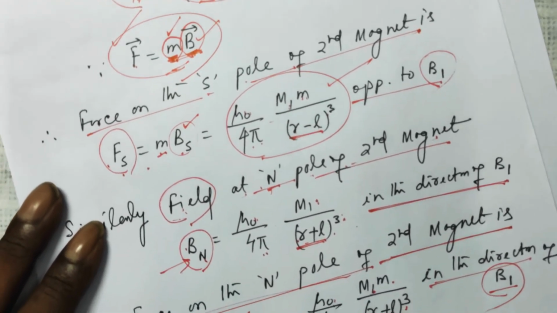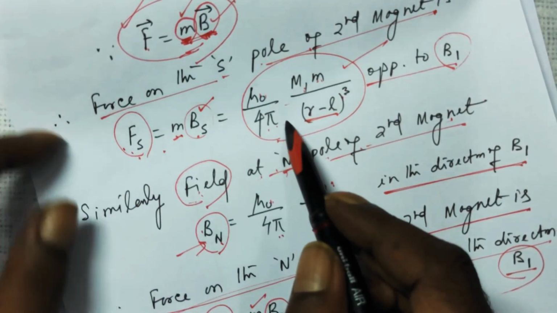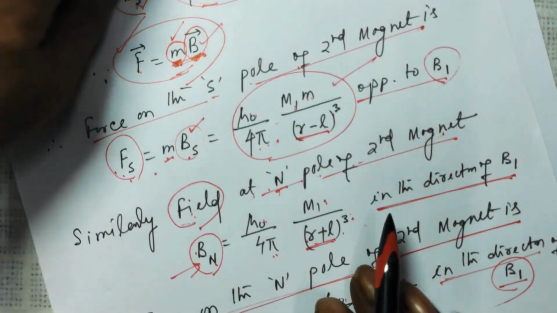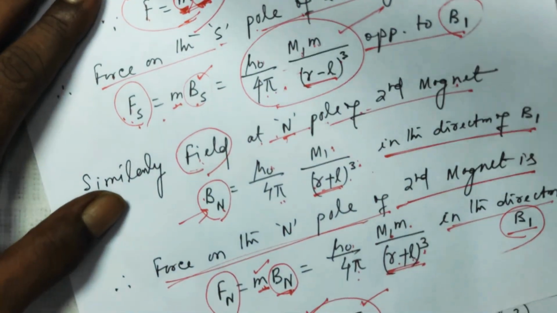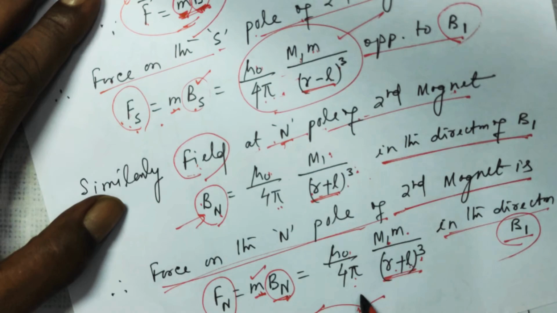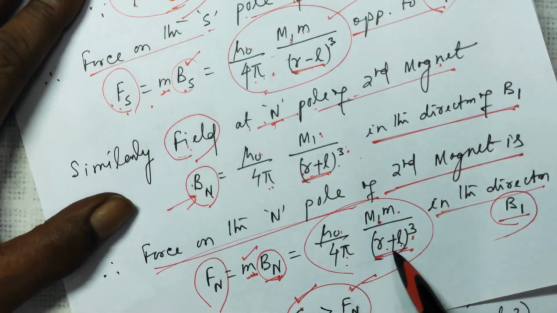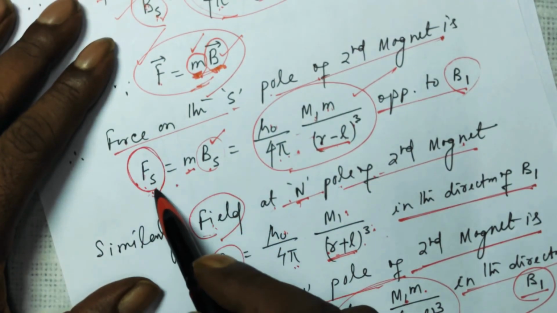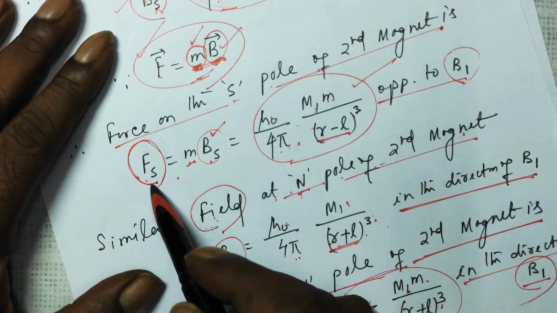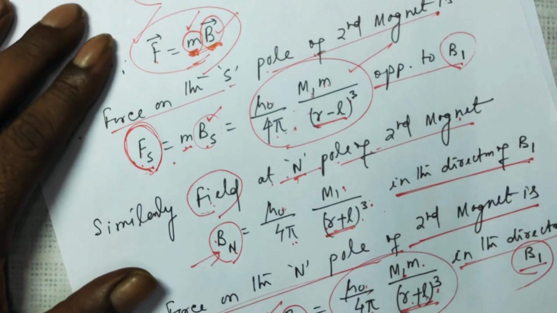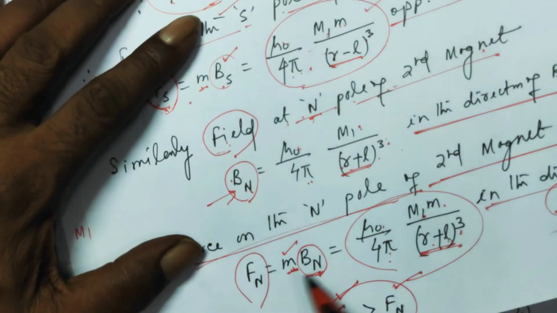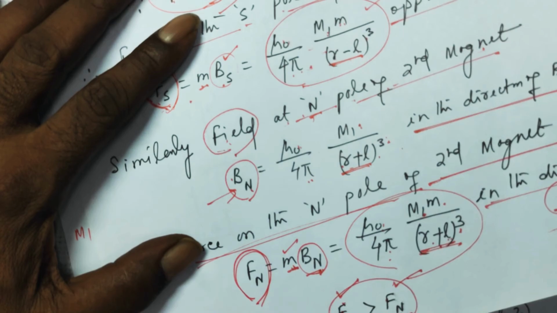Now if you look at both the expressions, for this force and this force, here the denominator is less, here the denominator is more. So the force on the South Pole of the second magnet is more than the force on the North Pole of the second magnet.